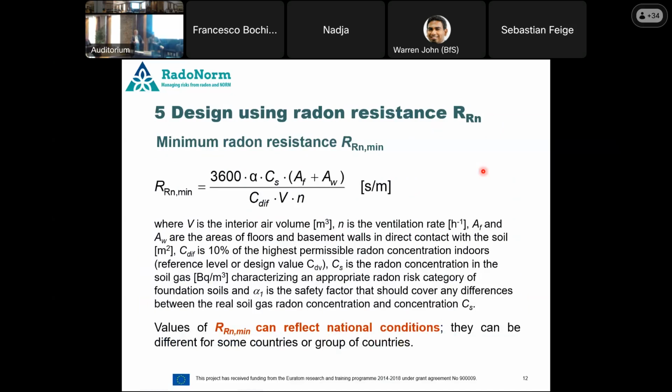So I think it's just the discussion in your country, which concentration in the soil, because the geological maps are available for each country, corresponds to the indoor radon data. And then you can just simply insert your typical data in this equation and find some minimum values. Yeah.